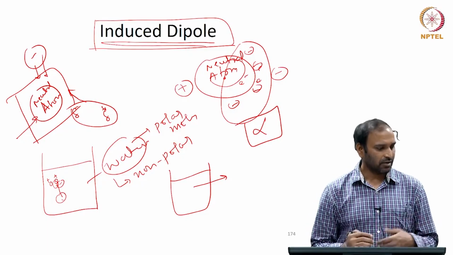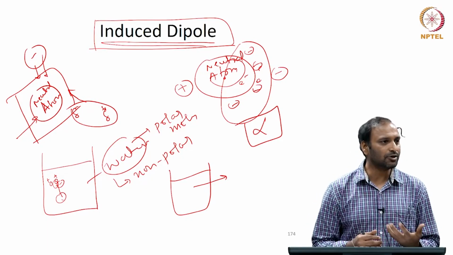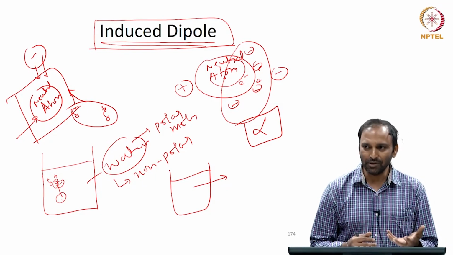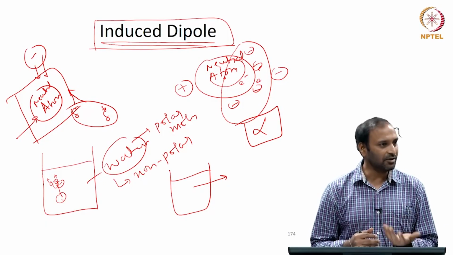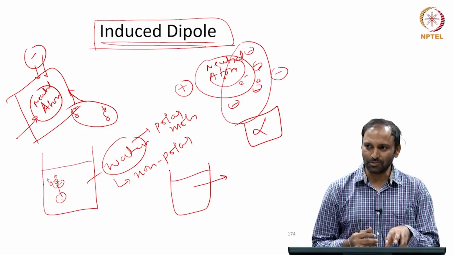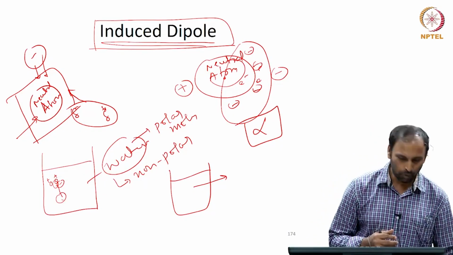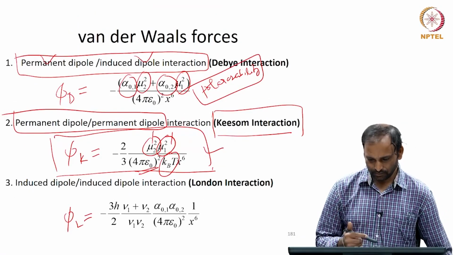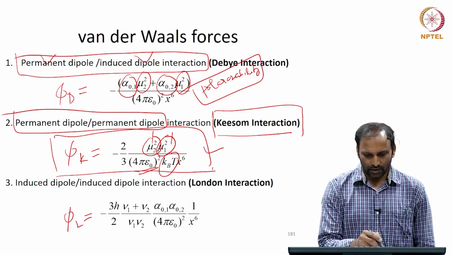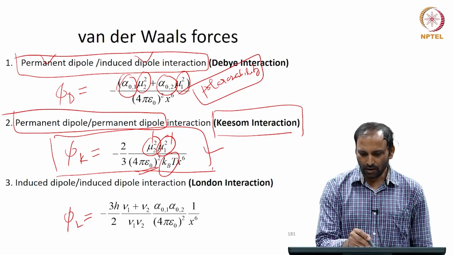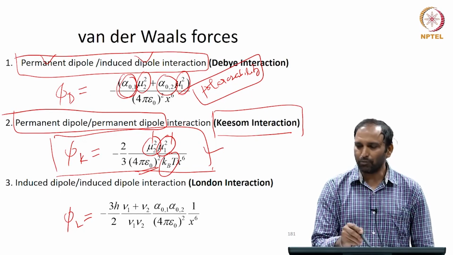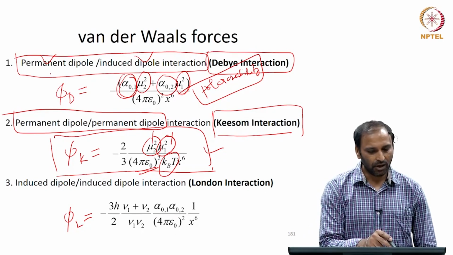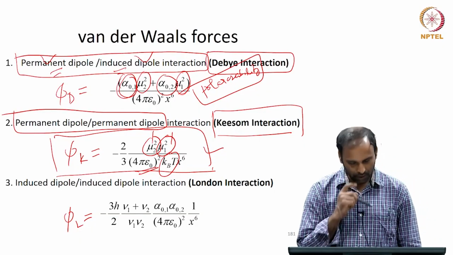For some molecules it may be easier to influence the distribution, so we say they are highly polarizable, but for some it may be very difficult, so they are less polarizable. So alpha tells you about the polarizability. Therefore, the terms that have the polarizability and the dipole moments are the Debye interactions, because that is the interaction between a permanent dipole and an induced dipole.